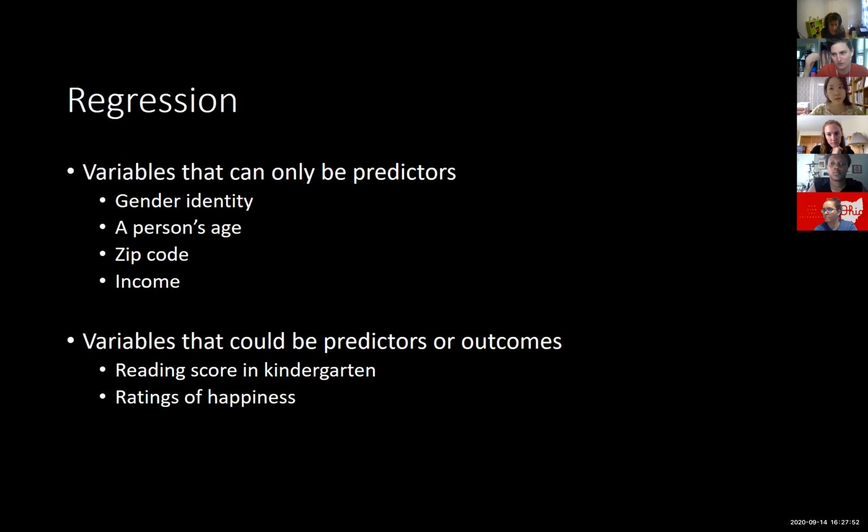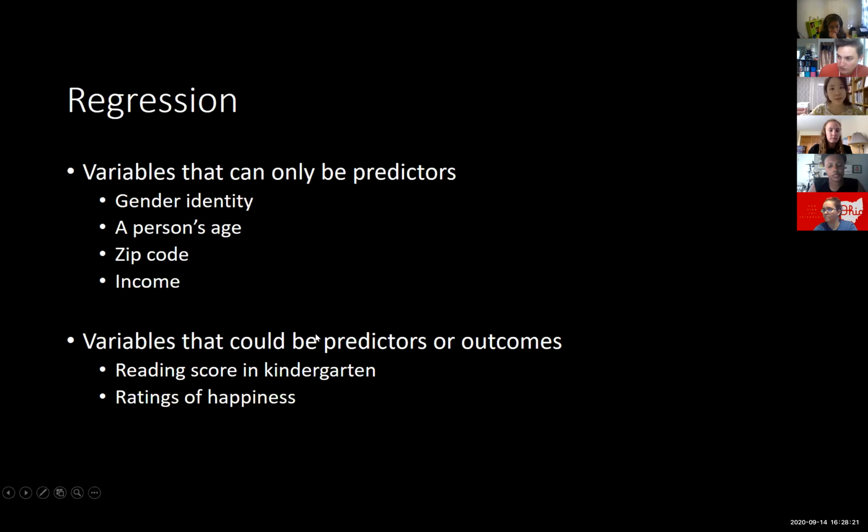I don't actually know. Pretend I didn't say that, because there are very strange circumstances under which maybe you might need to do that, but usually you don't. So these are all things that you can use to predict other characteristics or other variables about your sample, but you wouldn't want to predict them themselves because they existed first.